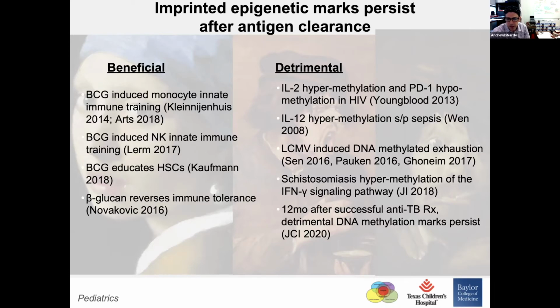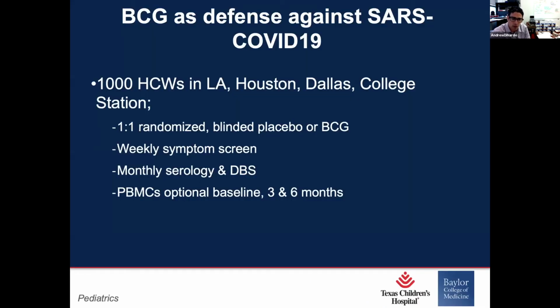But because of that, we are working with the group over in Nijmegen. They're a couple weeks, 2 months ahead of us. But here in Houston, LA, Dallas, and College Station, we're planning to enroll 1,000 healthcare workers.